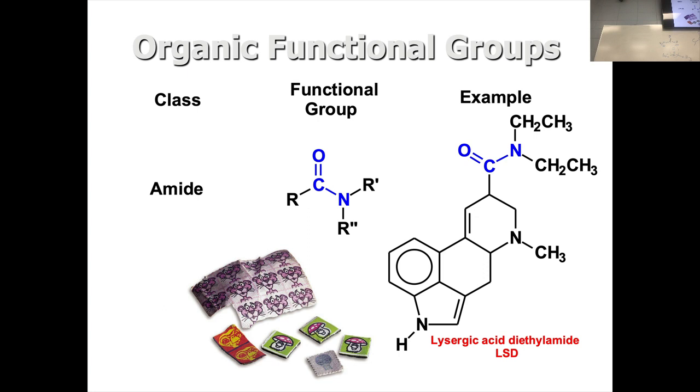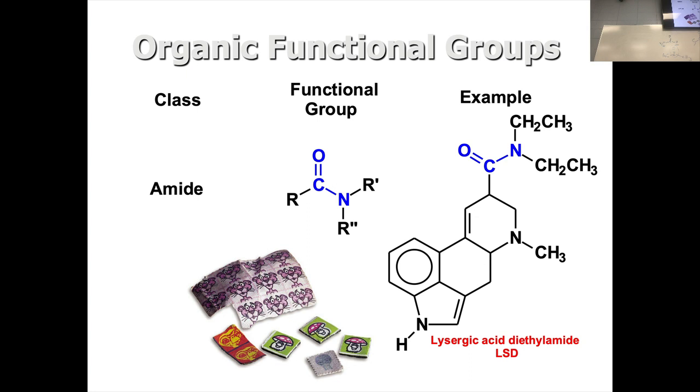But if you look at the name for LSD, lysergic acid diethyl amide, the name is coming from the fact that it has the amide functional group. That's got other functional groups, right? It's got a tertiary amine and another tertiary amine, some other things in there involved as well. But it's that amide functional group that's responsible for the psychedelic effects of LSD.